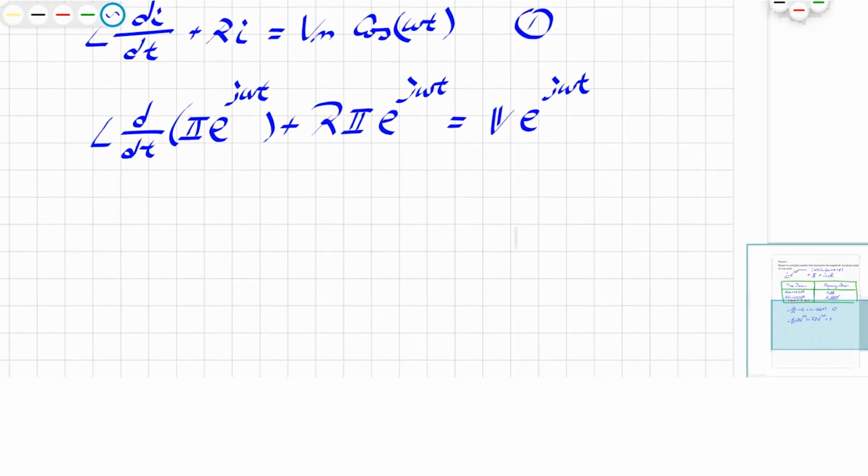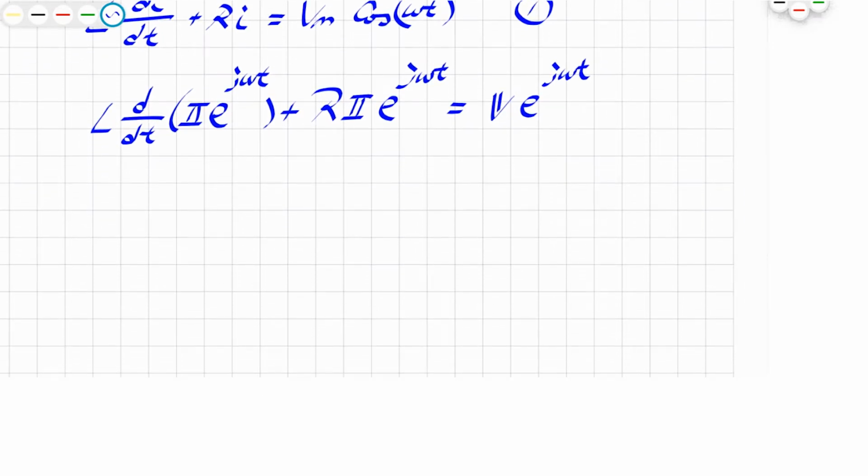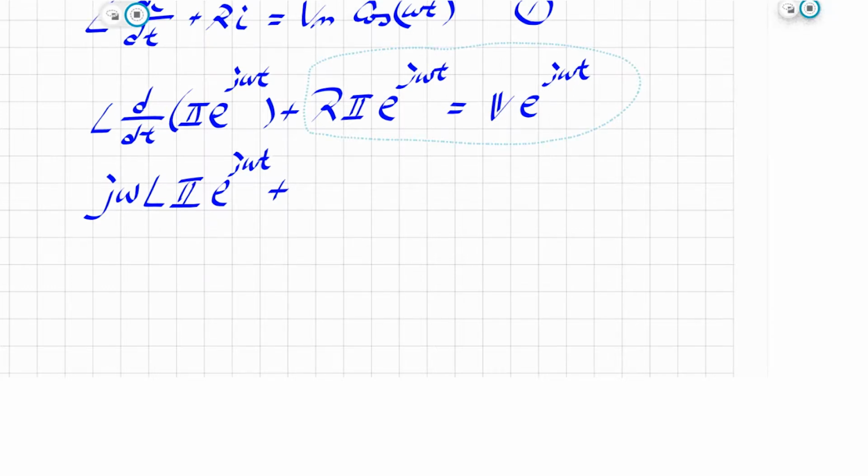Now, before we drop off the e to the j omega t that everybody has, we need to take the derivative first. That ends up with j omega L and I itself, multiplied by e to the j omega t. And then we pretty much carry everything here.